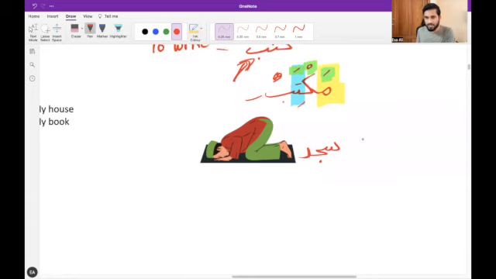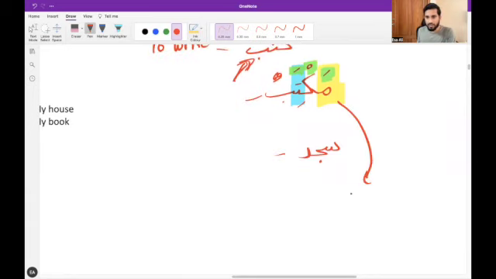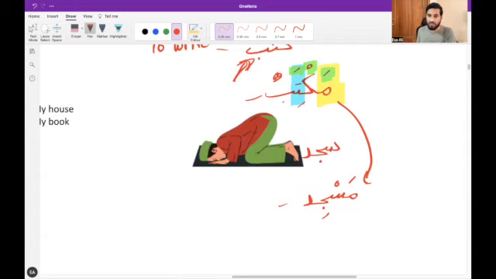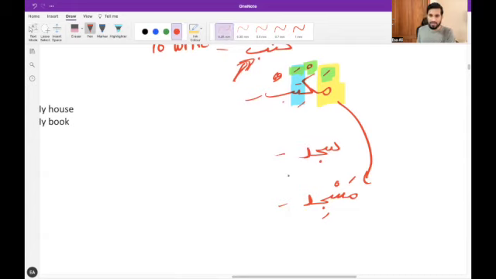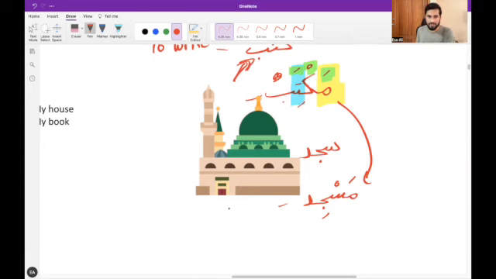If we were to do the same thing, okay, we have meem, seen, jim, and dal. And then we put fatha, sukoon, and this time it's kasra, masjid, masjid. And now this is the place in which you do sujood. In other words, the mosque, a mosque.